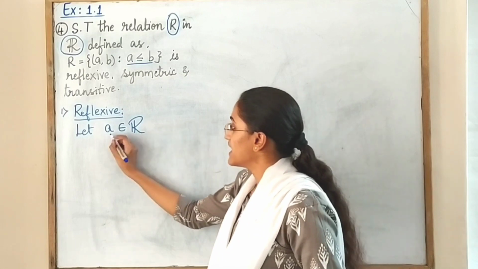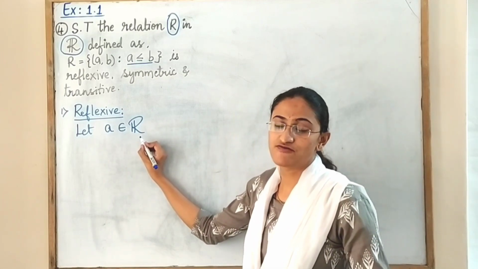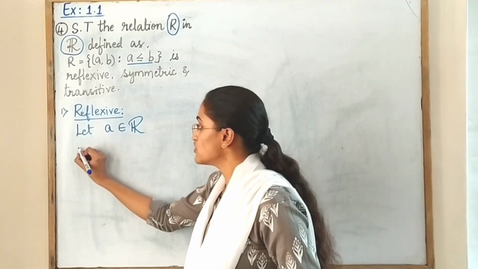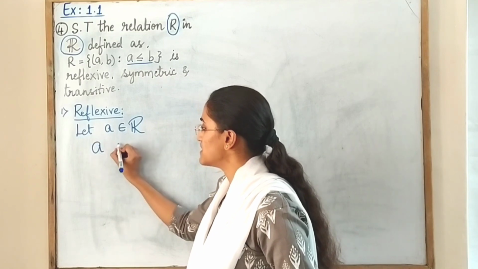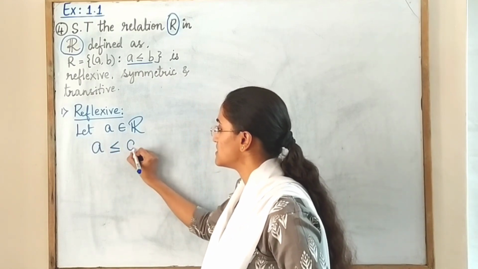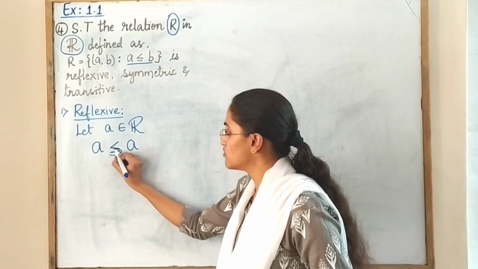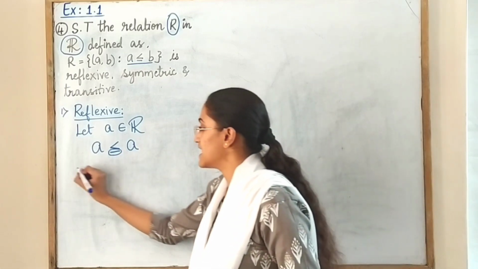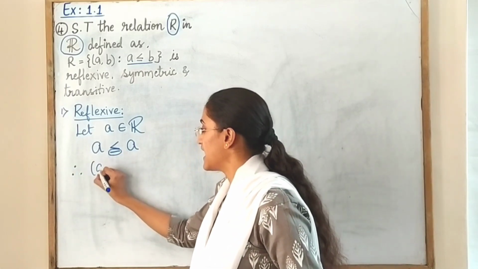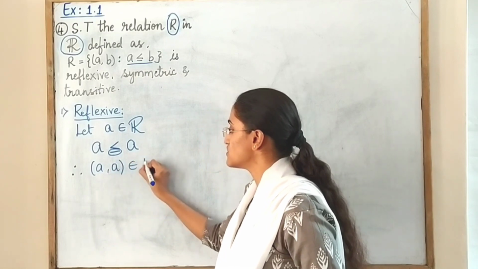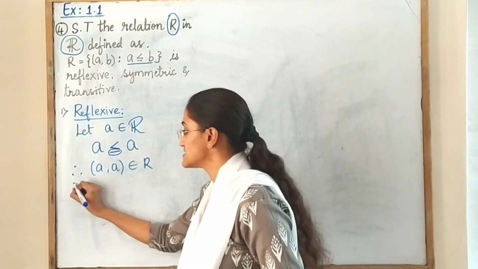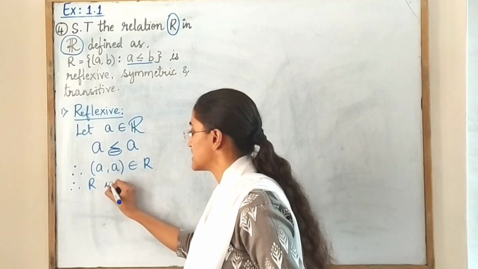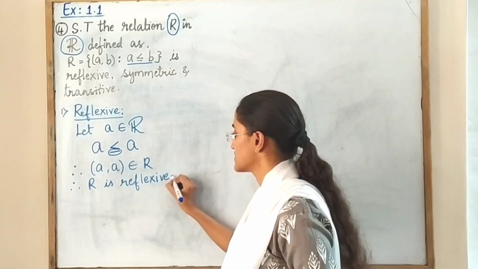Now, if I'm taking any one element from the real number set, you already know that every element A will be less than or equal to the same element. Equal to is being satisfied there, and hence you can tell that A, A belongs to the relation R, and hence conclude R is a reflexive relation.